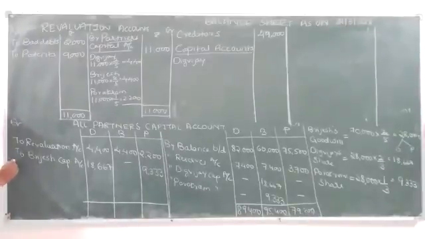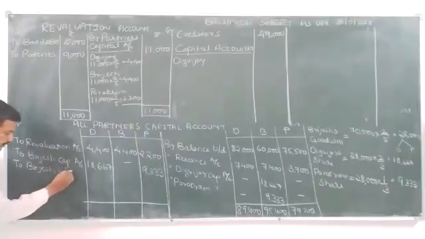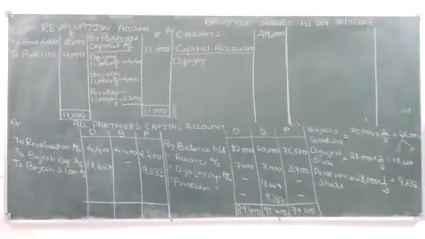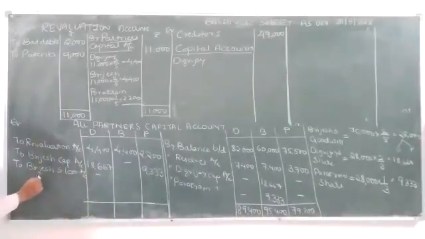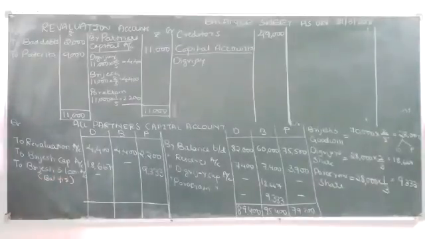So now what we will be writing here is 'To Brijesh loan account'. We will write, and remember, this should be written as a balancing figure because it is not given in the problem. That's where we need to mention it.